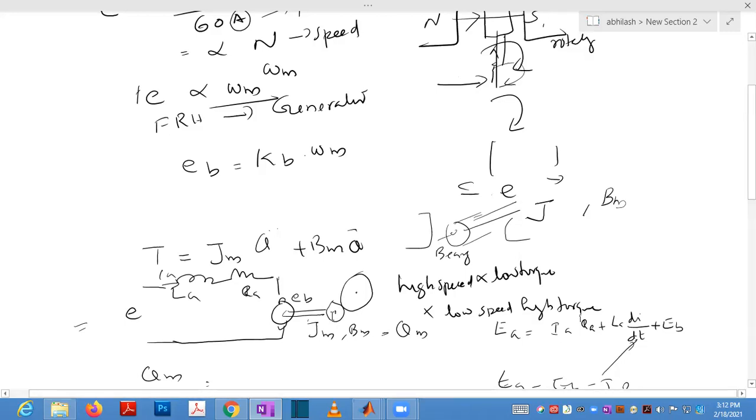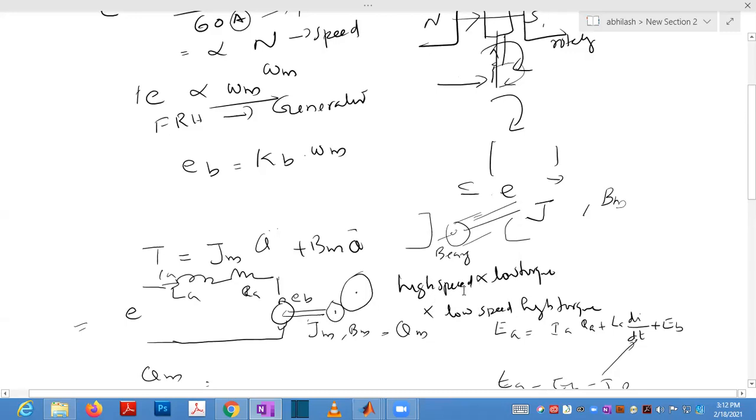So it will give the ratio of these two. Whatever your torque requirement, you have to use this one. All gear systems work like this.